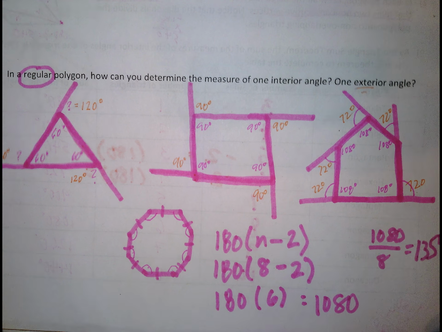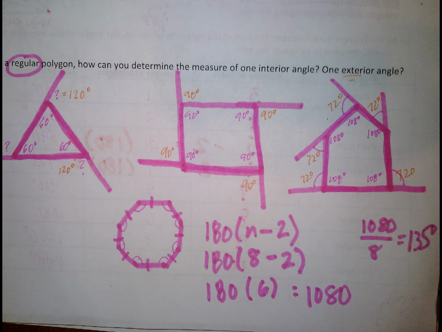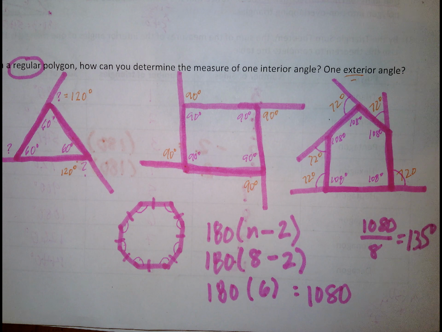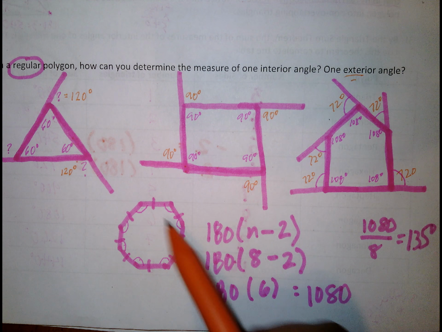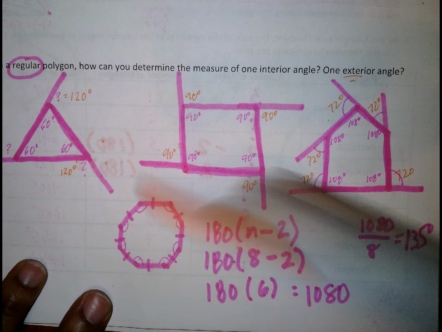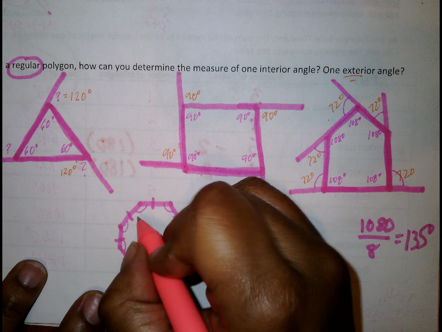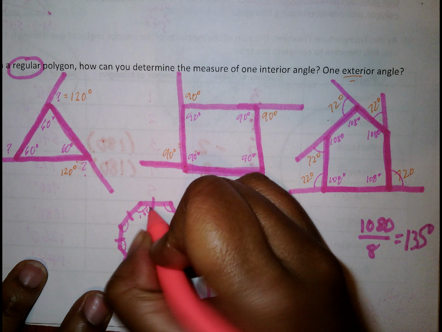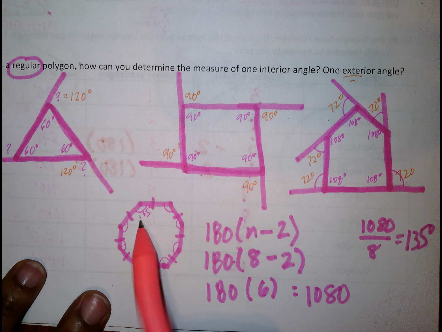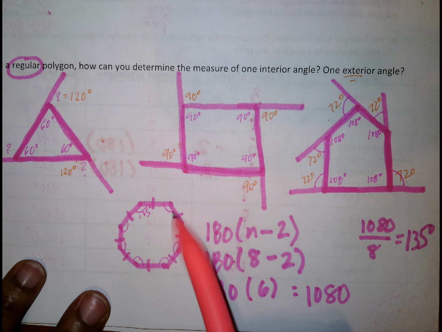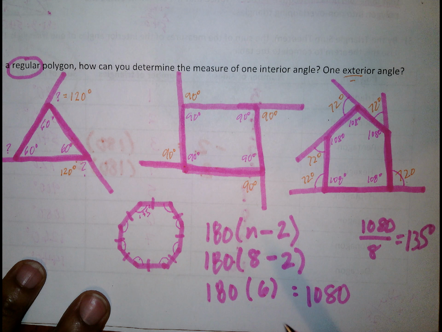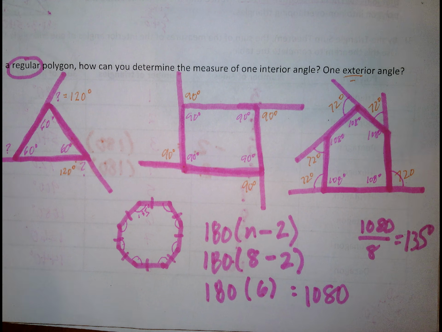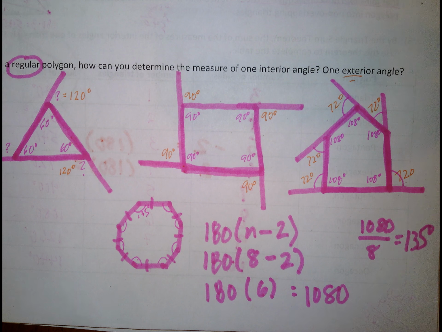Okay, so therefore I can conclude that each of these interior angles here are 135 degrees. And I'm just going to write that on one of them, right? I'm only writing the 135 on one of them, but because I use the same number of arc marks for each of the interior angles, it means that they're all the same measure. That's how I determine the measure of one interior angle.